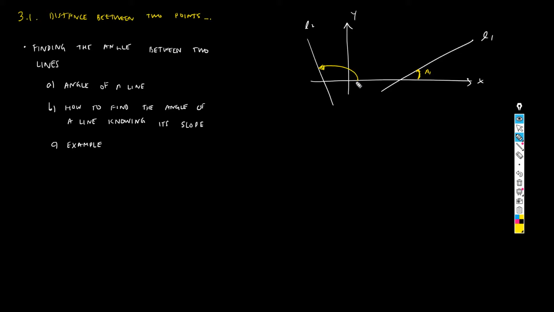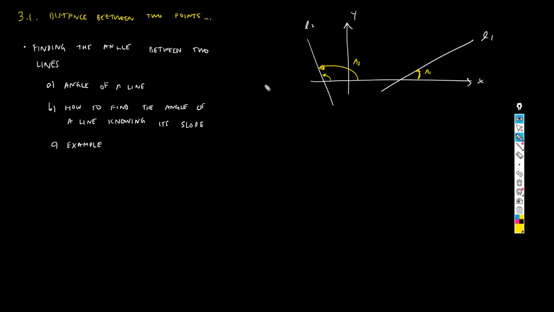You start in the positive x-axis, you rotate counterclockwise until you reach the line, and that's the angle. Let's call it angle 2 for line 2, which is the same as this angle, right? Those two angles are the same. But since I told you that you had to start in the positive x-axis, I wanted to start here and not there. But they are in fact the same.